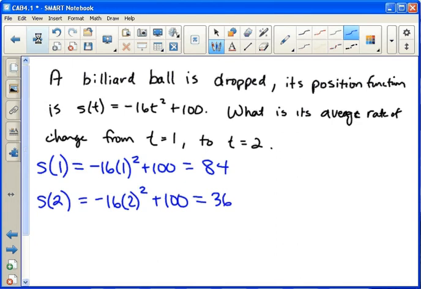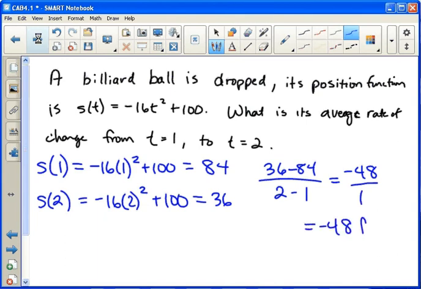Then we do the slope formula. 36 minus 84 over 2 minus 1. That's negative 48 over 1. So it's negative 48, and I know I didn't specify this earlier, but this would be feet per second. So the billiard ball is falling at an average rate of negative 48 feet per second over the interval 1 second to 2 seconds after it's dropped.